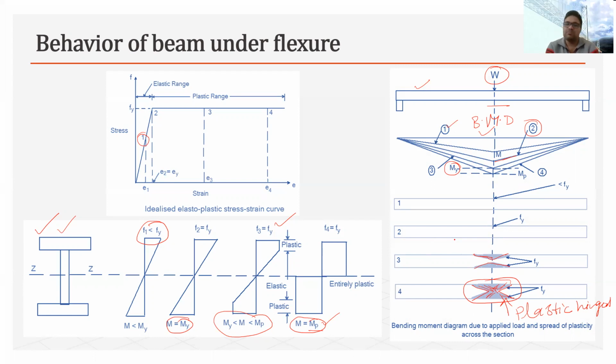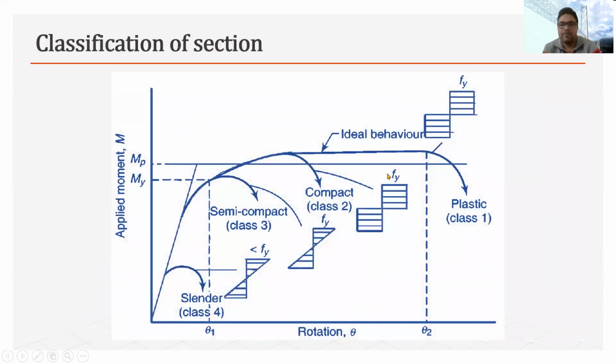Now based on this behavior, the beam section is classified into 4 categories, and it is classified based on these diagrams that I will be showing you in the next slide. Now look at this. Basically, the beam section is classified in four categories.